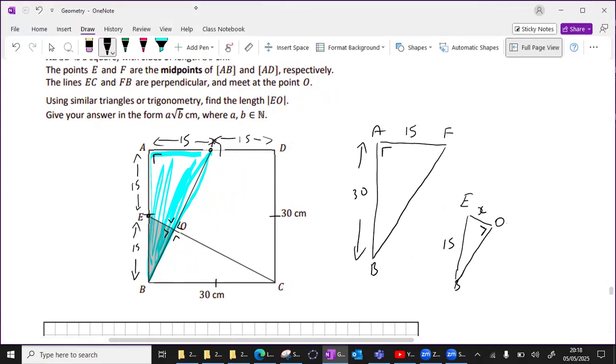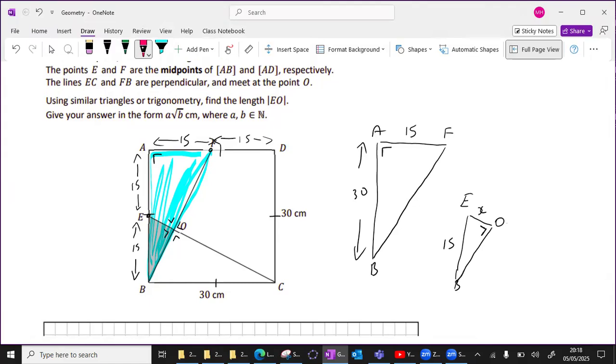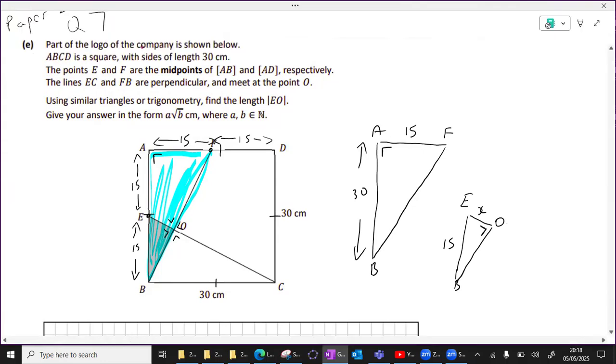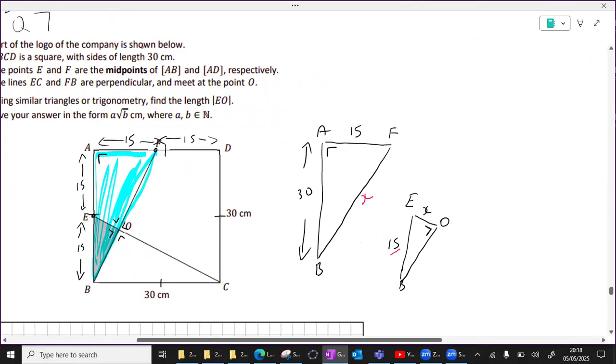So let's mark in, well, I suppose we have whatever is opposite the 90-degree angle. That's the only thing I actually have in this one. So I think I will need that over here. So I'm just going to call this X for the moment. No, I won't call it X, sorry, I'll call it Y because otherwise I might mix them up. So Y squared is equal to 15 squared plus 30 squared.